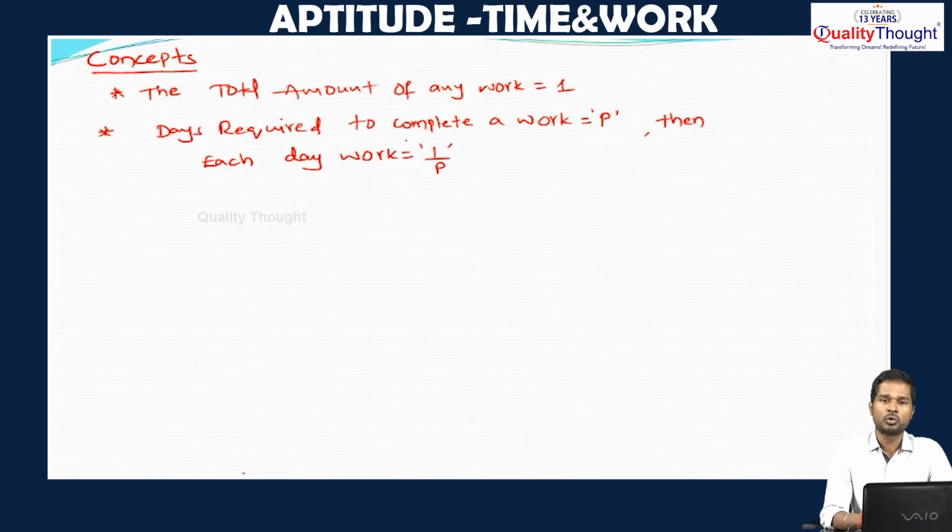If a person takes total p days to complete any work, every day he will do a work of 1 by p. Let's see the reciprocal of this.